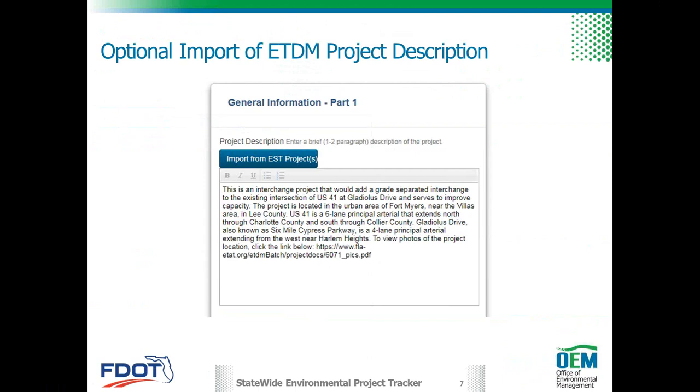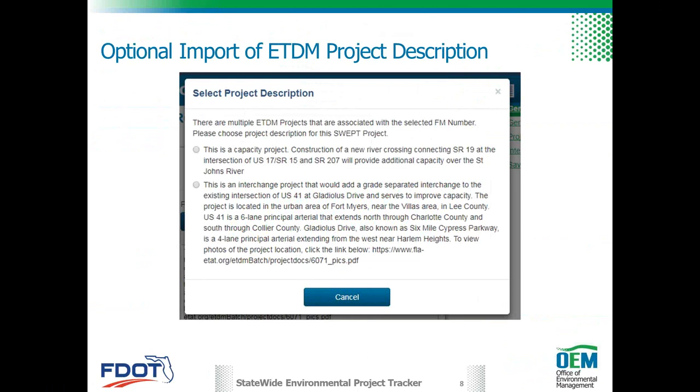So now it's a button. It will not automatically import from ETDM. The other thing it will do when you click that button is if you have more than one ETDM number associated with your project, it'll give you a choice, and you can choose either project description to import, or you can just cancel and import nothing.